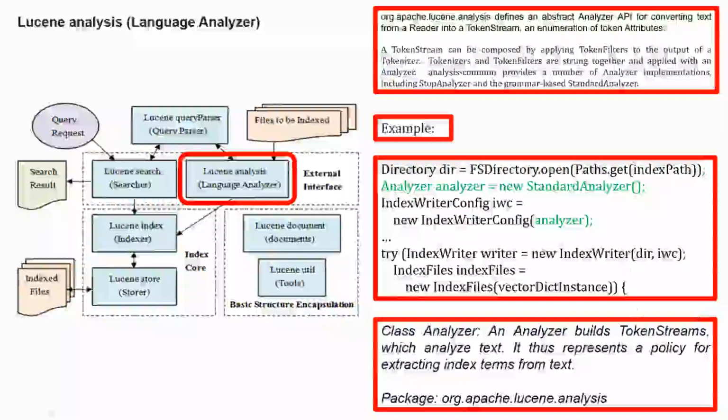As an example, we can consider this code segment. Here is the class Analyzer. An analyzer builds a token stream which analyzes text. It represents a policy for extracting index terms from text.